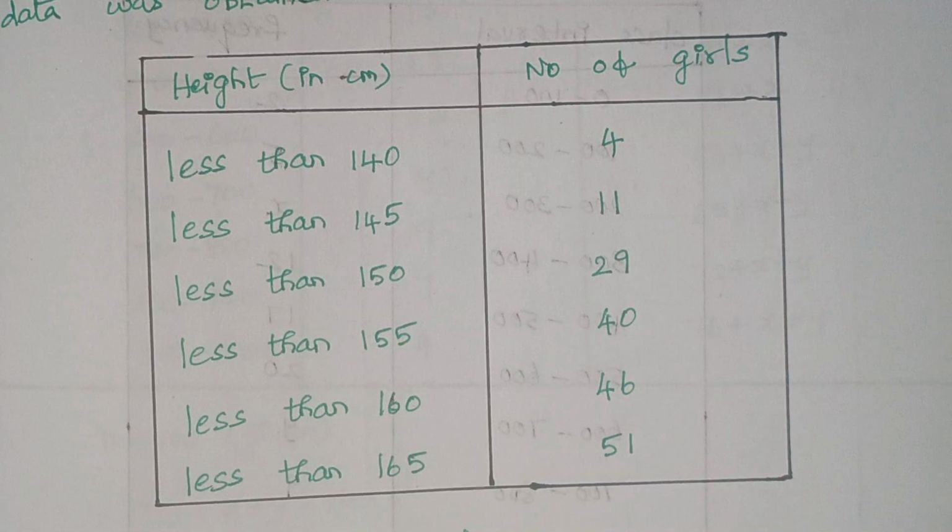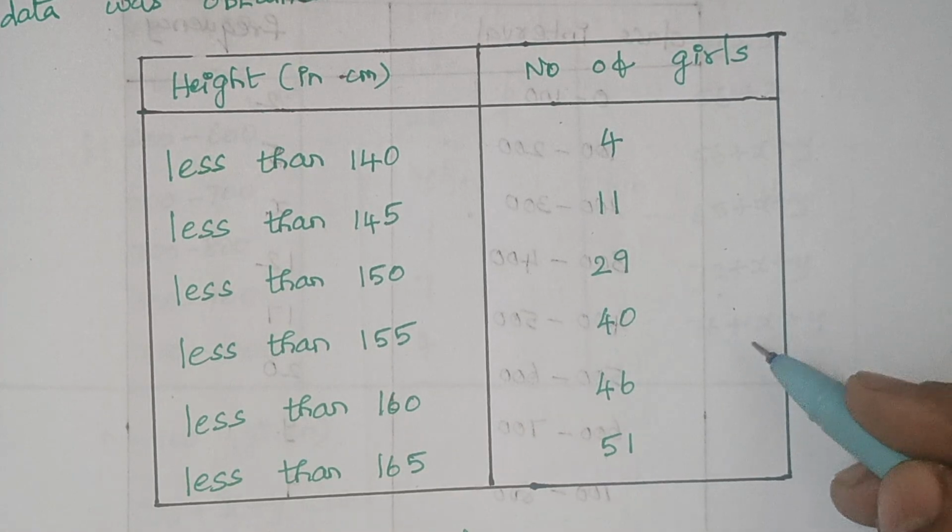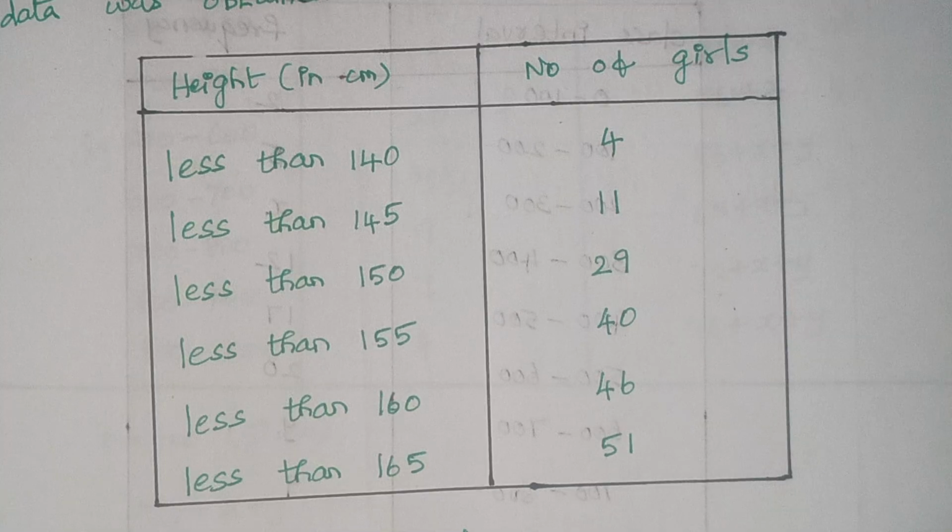Whenever the values are given like this, always keep in mind the given data is cumulative frequency and not the frequency. Cumulative frequency means we are continuously adding up the values, whereas frequency will be totally different. For example, when values are randomly placed, like 4, 29, 46, then 40, then 51, then it is okay.